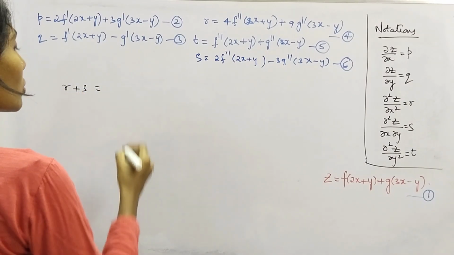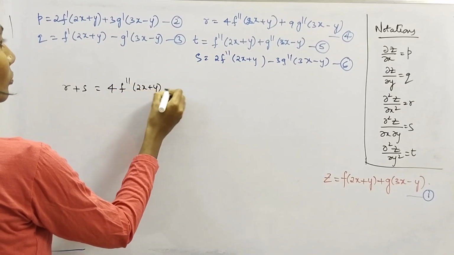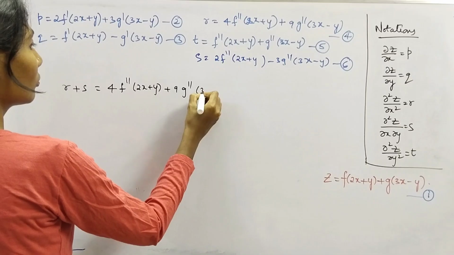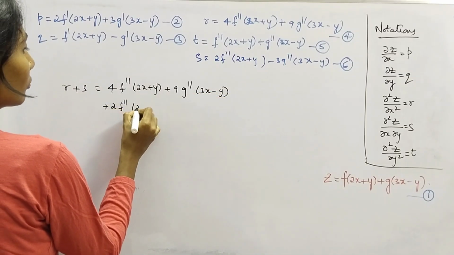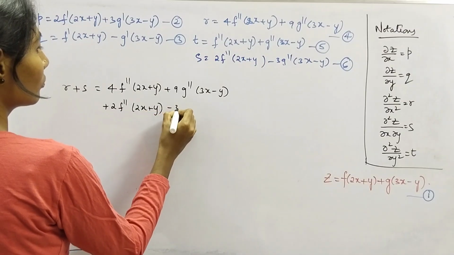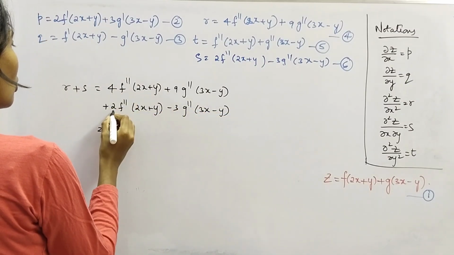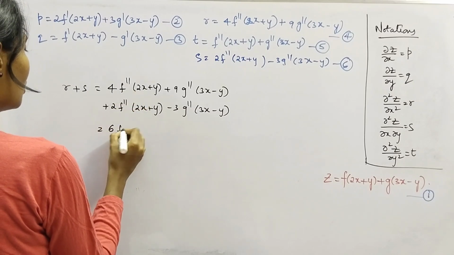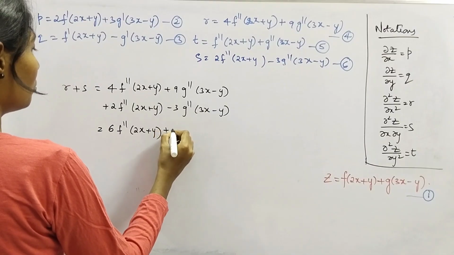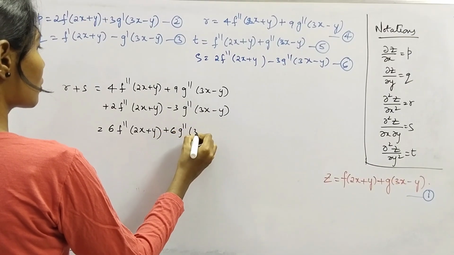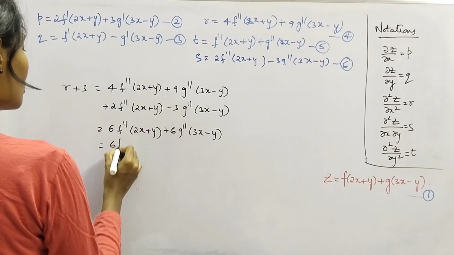Okay, r plus s gives, plus s. Right, which gives us 4 plus 2, 6 f'', 9 minus 3 plus 6 g'', right? Take 6 common from these two.